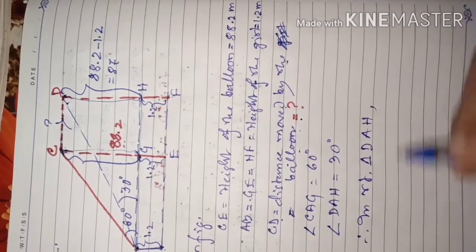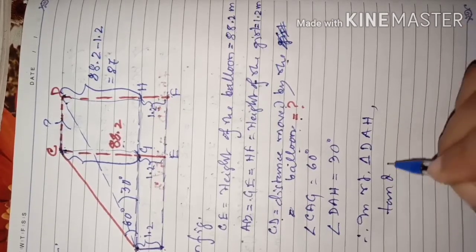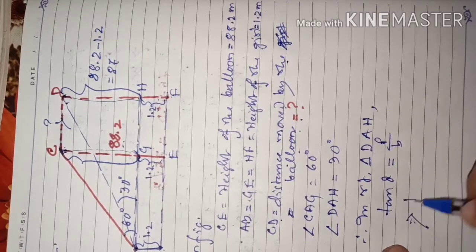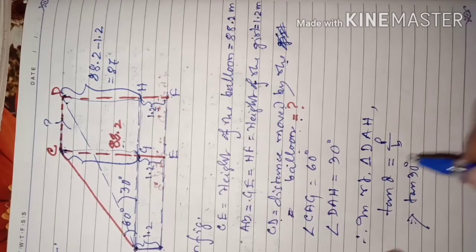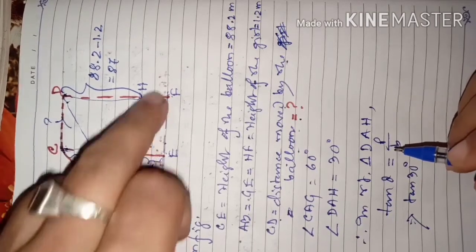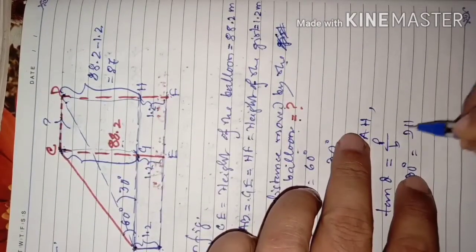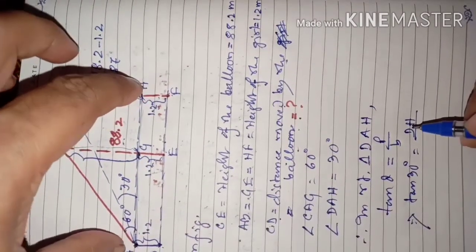In that right triangle, tan theta, if we say it is perpendicular by base, so tan of the angle 30 degree, because this angle we are talking, DAH, is equal to perpendicular DH divided by base AH.